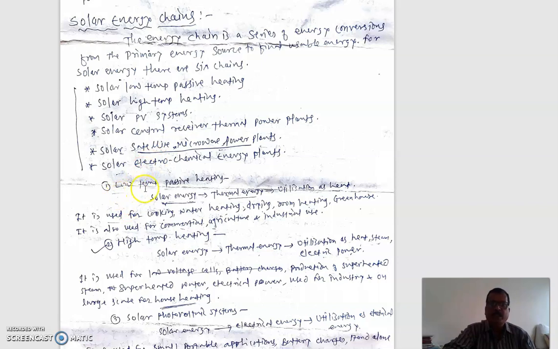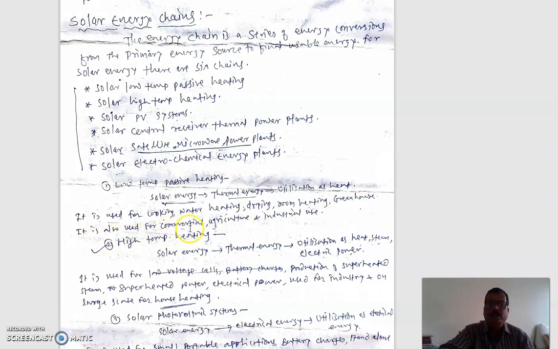First we see low temperature passive heating. In this solar chain, solar energy is converted into thermal energy and is used as heat. It is used for cooking, water heating, drying, room heating, greenhouse.